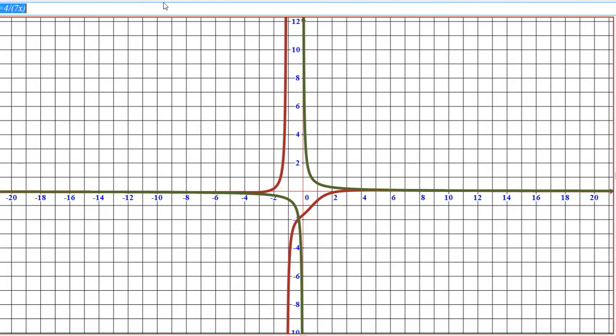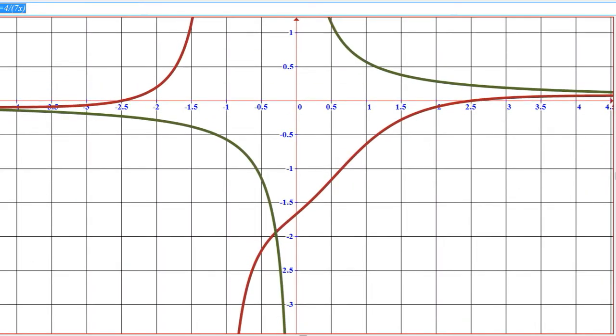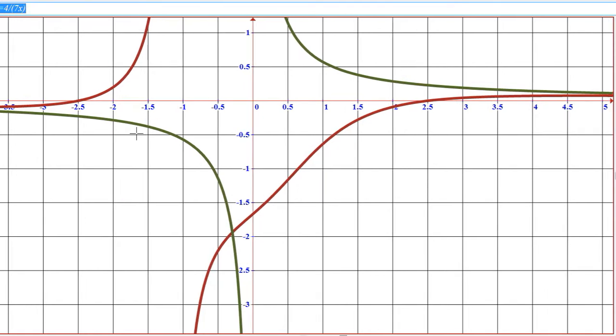Okay, let's see if I can just graph, let's say maybe this portion of the graph. Now that's kind of an interesting part of the graph. In this part of the graph, it doesn't look at all like the green power function, but it looks like we have a function that's increasing concave down right in this part.